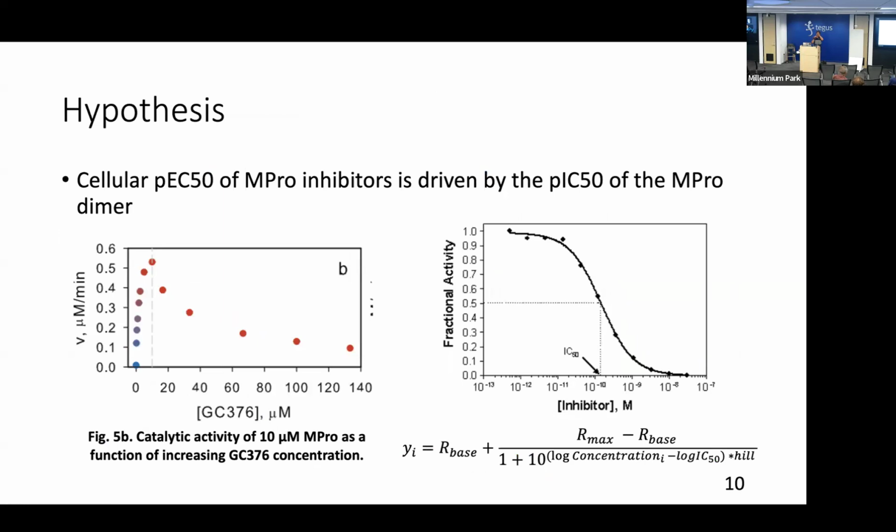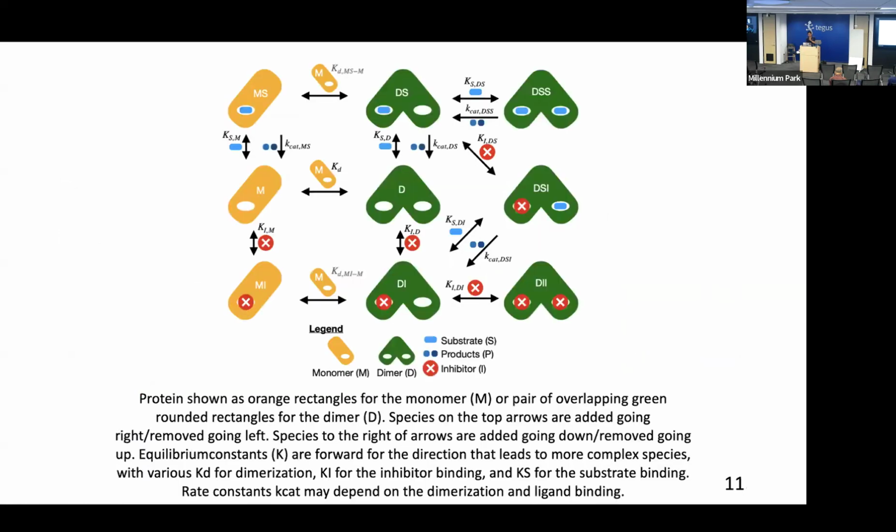So we had a hypothesis that we can predict what happens in the cell based on a full model that describes what's going on in the biphasic curve. We built this model in Python, and in biochemistry textbooks, you'll see models where you can find an analytical solution, where you can say X equals something times something or some polynomial.